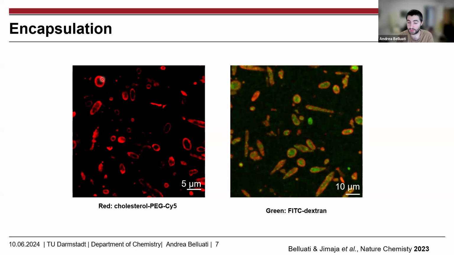Smaller molecules will tend to go through, for example, fluorescein goes in and out very easily, but bigger molecules like this labeled dextran can be added to the reaction mixture. It would be encapsulated, and then you just need to purify the vesicles either by centrifugation, size exclusion chromatography, dialysis, whatnot, in order to retain the macromolecules inside.